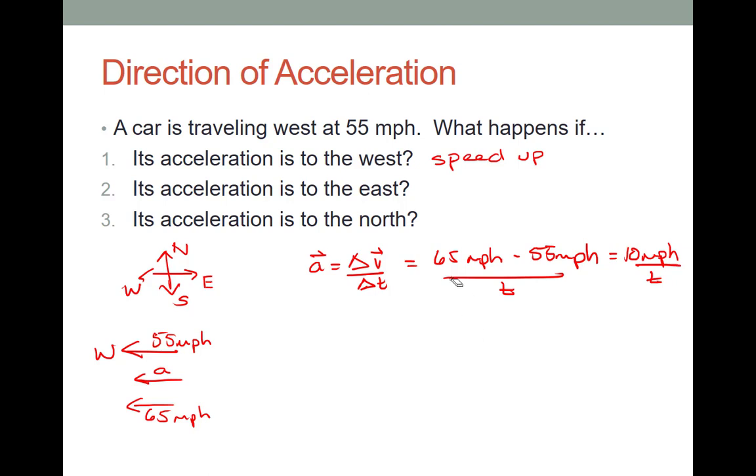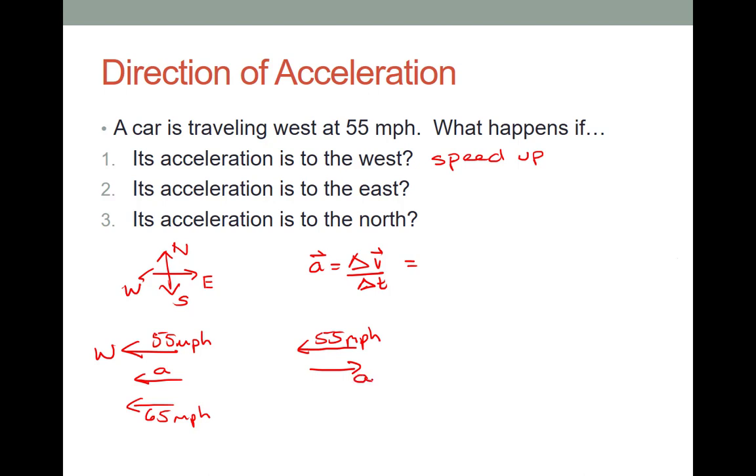Okay. On the other hand, if my car is traveling 55 miles per hour west and my acceleration is to the east, now if we think about signs, that means that I would have to be slowing down. And I can again illustrate that by plugging in quick numbers. So my final velocity now is 45 miles per hour.